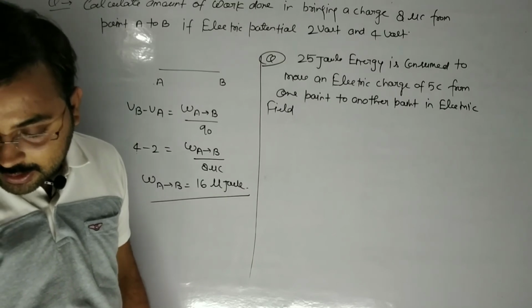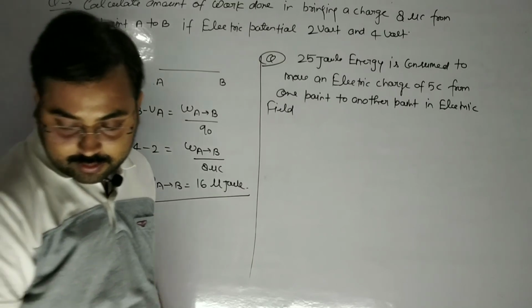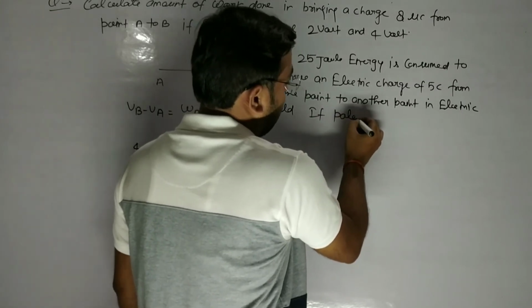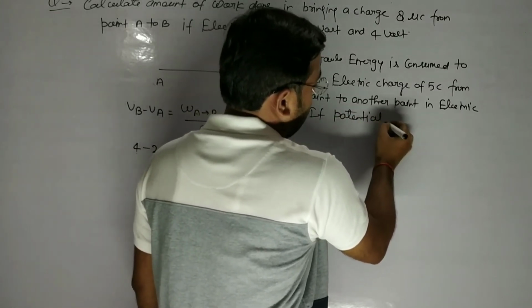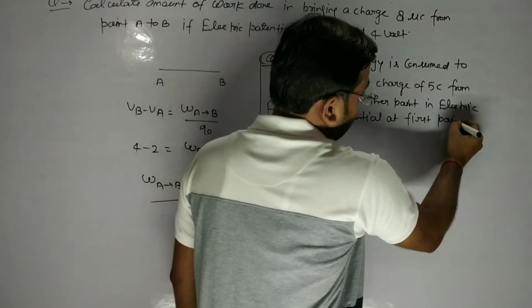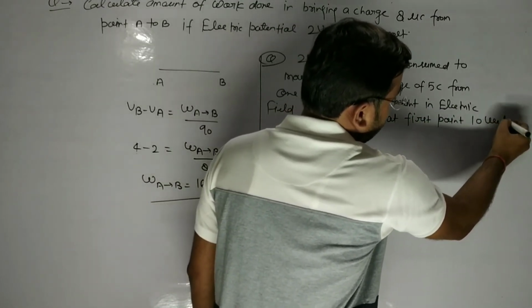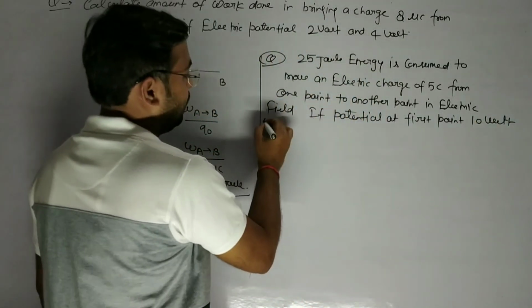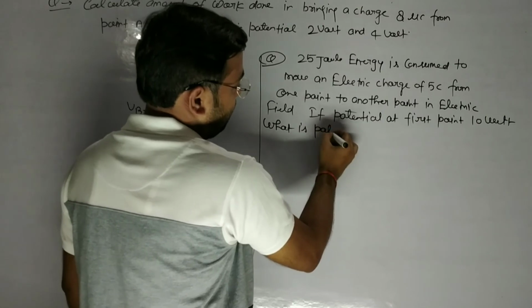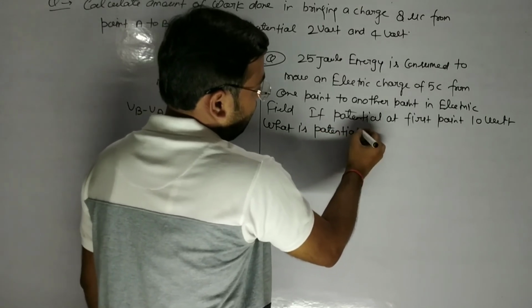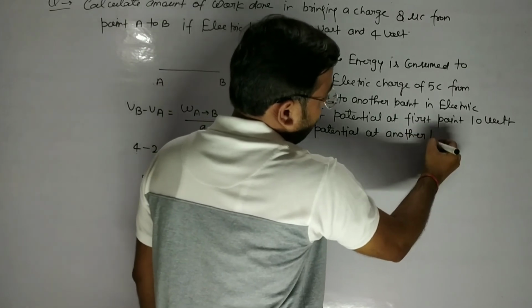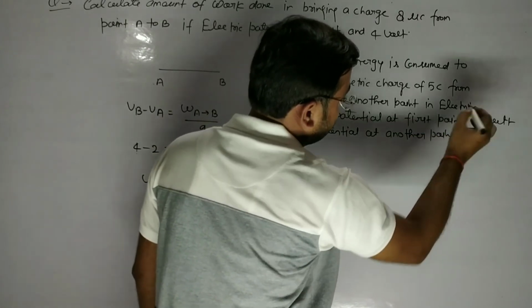If the potential at the first point is 10 volt, what is the potential at the other point?